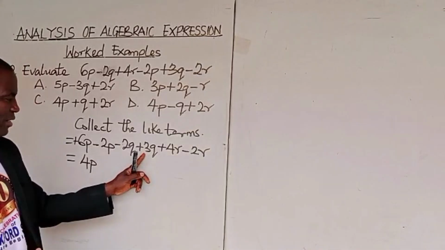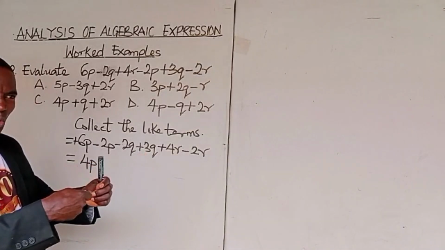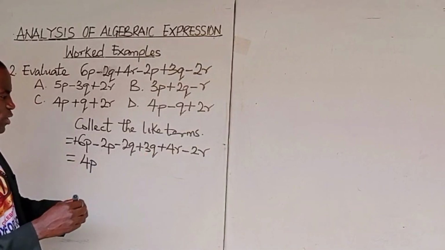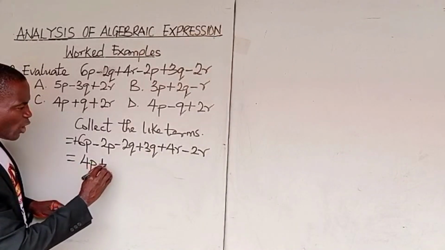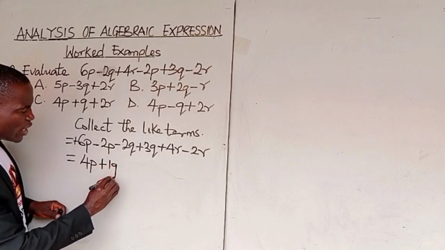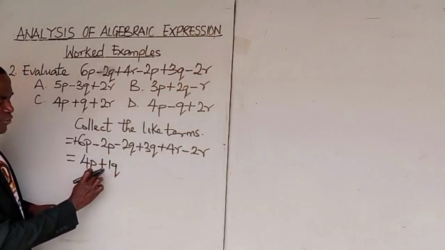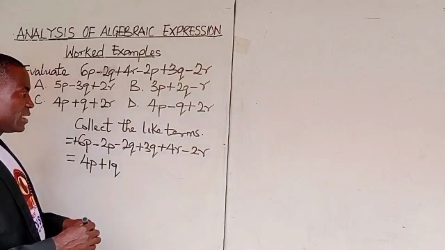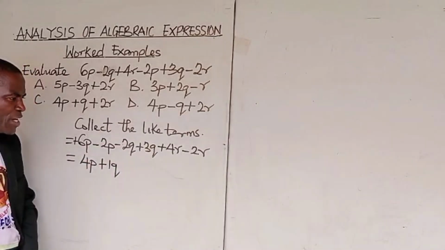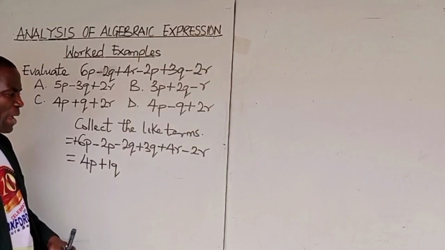That is the amount I have. Then count 2. I pay. So the amount of money that will be left inside my pocket is going to be plus 1q. We have to use plus to indicate that that is the amount of money that is left with me inside my pocket. That is my money.